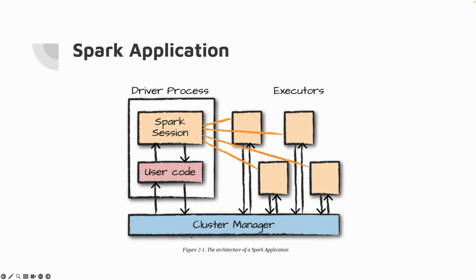That information is held by the cluster manager, and the cluster manager communicates it to the driver process. Based on the availability of executors, the driver process allocates the code and the data to executors, and individual execution happens in the executors. Once all the execution is done, we can always track the execution of our jobs by contacting the driver.